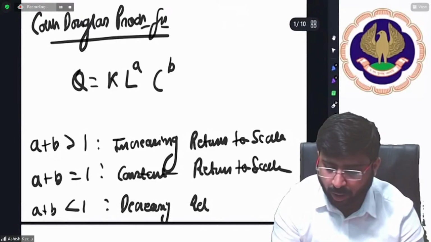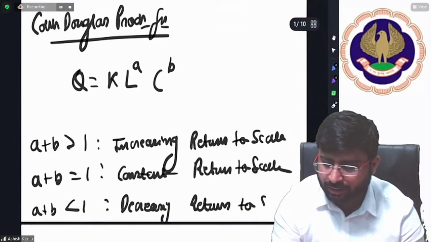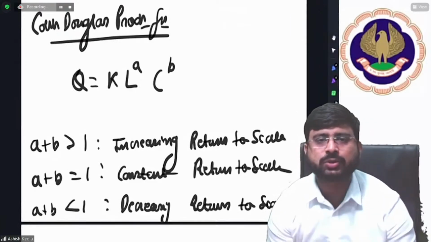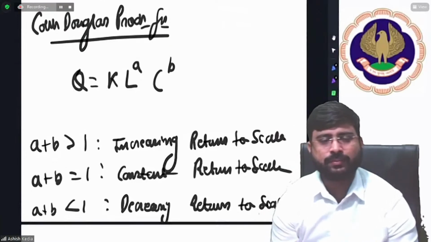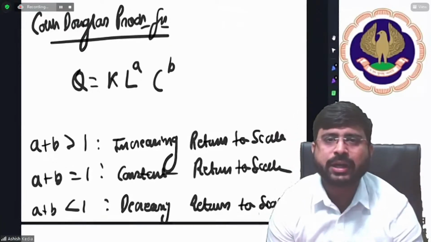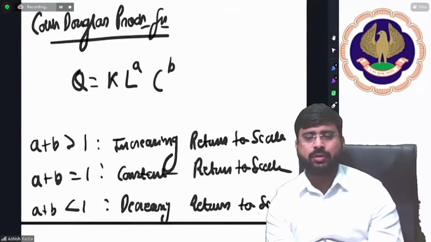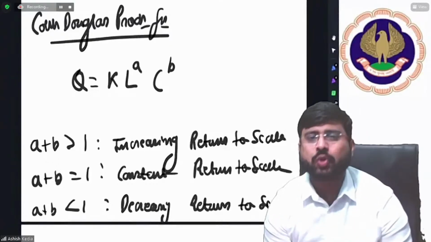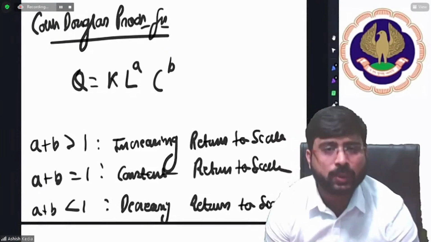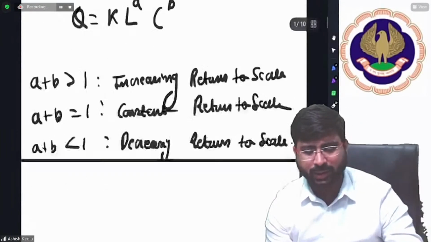Absolutely, sir, we get it. So there are 3 stages: increasing returns to scale, constant returns to scale, and decreasing returns to scale. Absolutely correct.